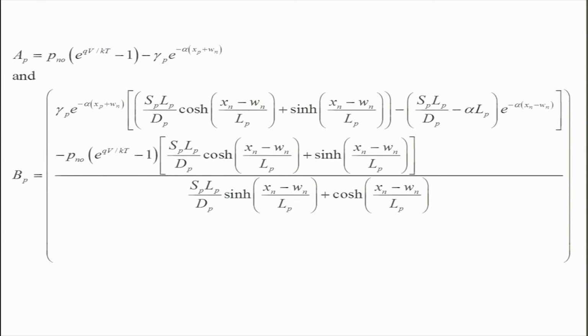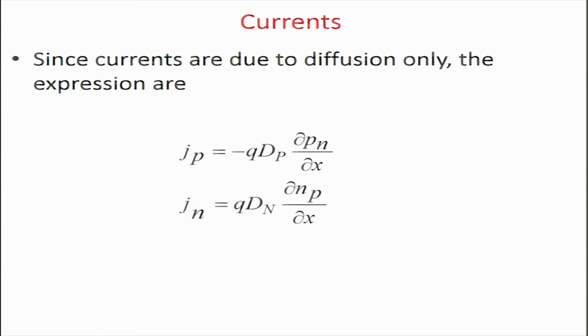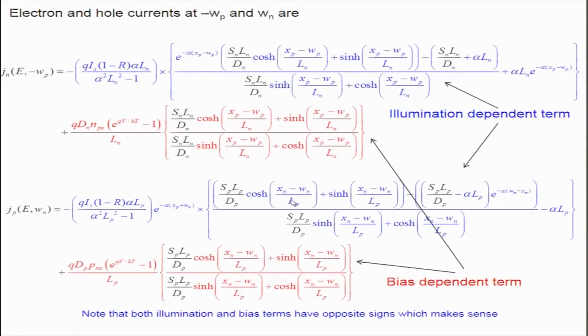So we have An, Bn, Ap, Bp, and we know that the currents are due to diffusion only. So current Jp is equal to minus Q Dp del pn by del x, and Jn is equal to Q Dn del np by del x. These are partial derivatives. When you now replace these expressions and calculate the current, you do not have to worry about the complexity of the equation.